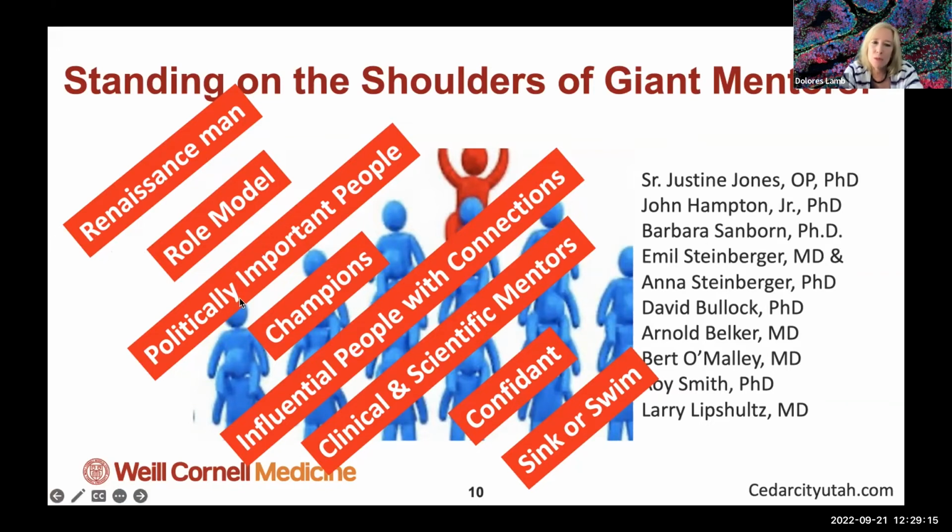But many of the people were politically important people, influential people who had connections and people who could champion me. And you really need to have some of those people in your arsenal, if you will, of mentors. And certainly we all need clinical and scientific mentors, as well as a confidant, someone we can trust, confide in, and get career advice.